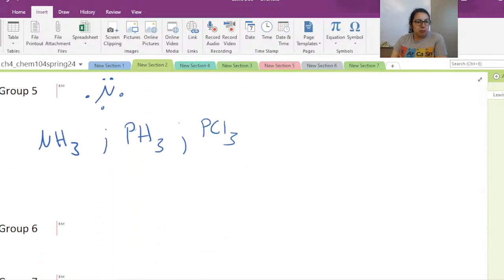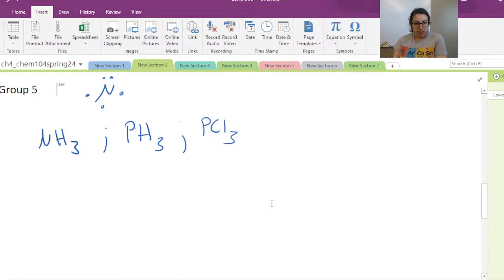So moving on to more compounds that are angry. See if you can draw the Lewis dot structure for one of these. It doesn't really matter which one because they're all similar. But just see if you can draw it for a second.